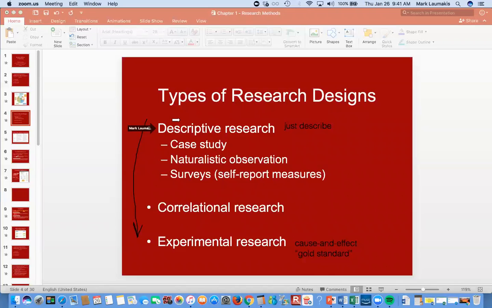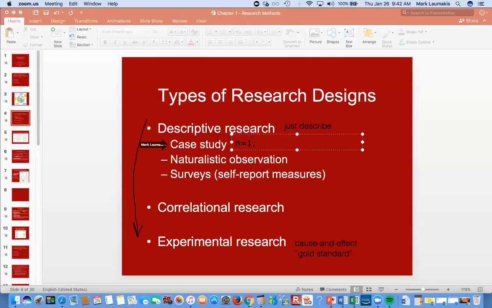It's not controlling anything. Descriptive research can come in one of three different flavors. It can be in the form of a case study, a naturalistic observation study, or it can come in the form of surveys. And we're going to talk about each of these in turn. Case studies are situations where we take a look at one person and examine their case really, really thoroughly. I'm going to type in here N equals 1, right? N is the notation that we use in science to describe the sample size.